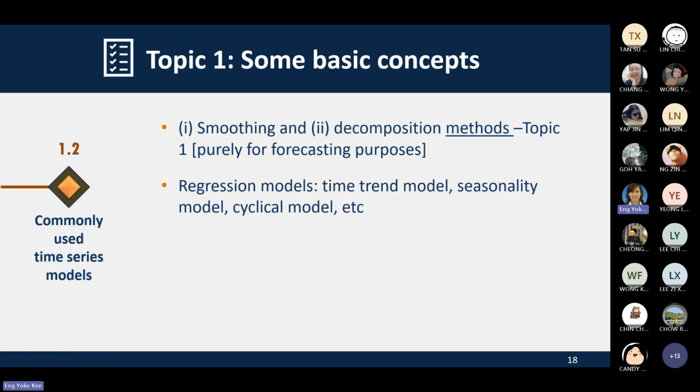So we also try to cover this in the subject because even though it is a very classical tool, for us, for econometricians and statisticians, these are nothing new. But because of the new opportunity in big data, it makes a big comeback. So we will spend some time talking about how you do smoothing and how you do decomposition. We cover this in topic 1.